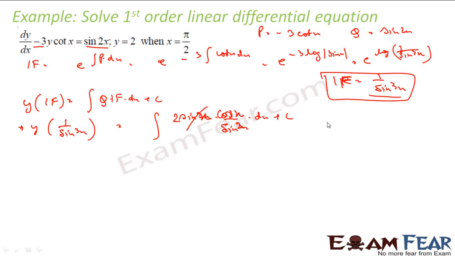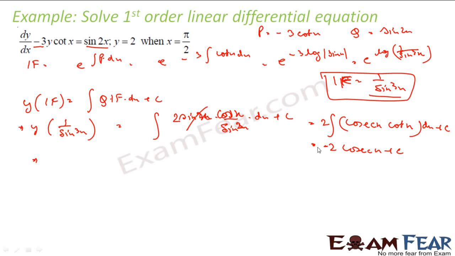So this is nothing but the integration of 2 cosec x cot x dx plus c. Correct? So if you integrate this, you get minus 2 cosec x plus c, right?